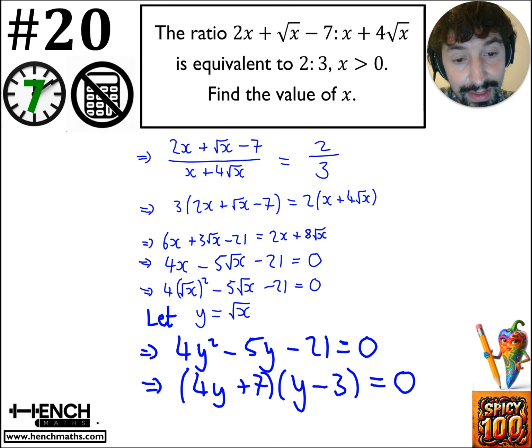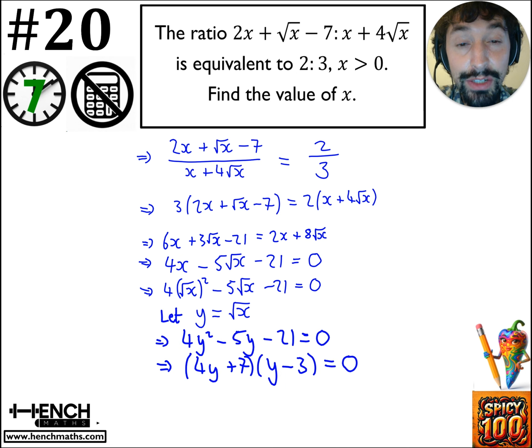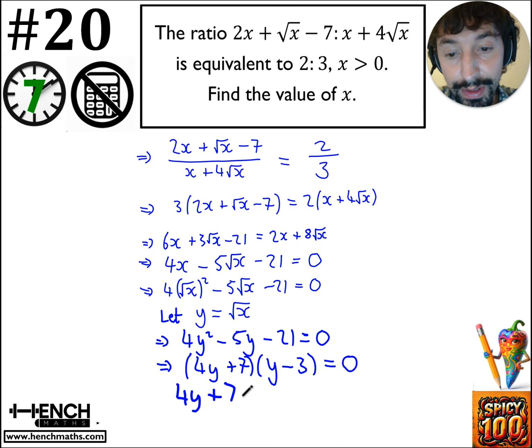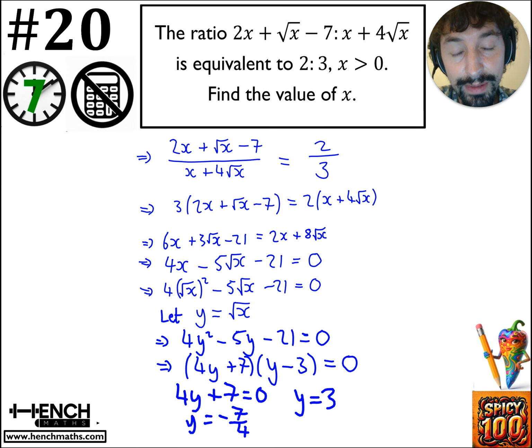So we've actually factorised it there. So now we can make each bracket equal to 0. That means that 4y plus 7 will be equal to 0. So if you take the 7 over, divide by 4, we get y equals negative 7 over 4. And we get y take 3 equals 0, so y equals 3.